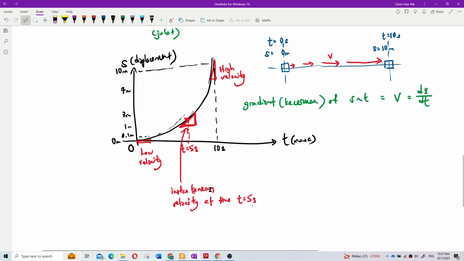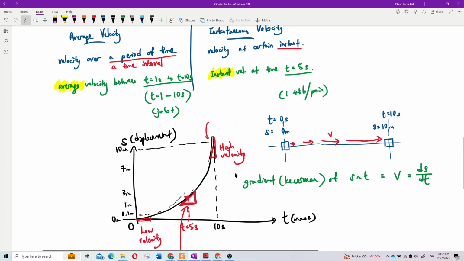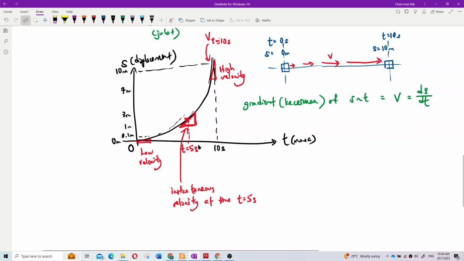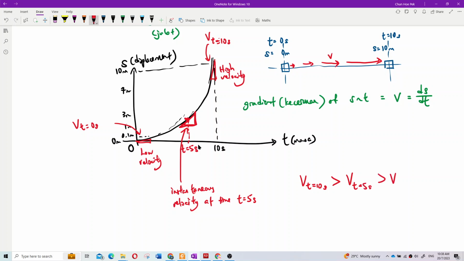Tetapi kita ada juga velocity pada 10 saat. Faham tak? Kita juga ada velocity pada 0 saat. Dan kita boleh kata velocity pada 10 saat lebih besar daripada velocity pada 5 saat. Lebih besar daripada velocity pada 0 saat.